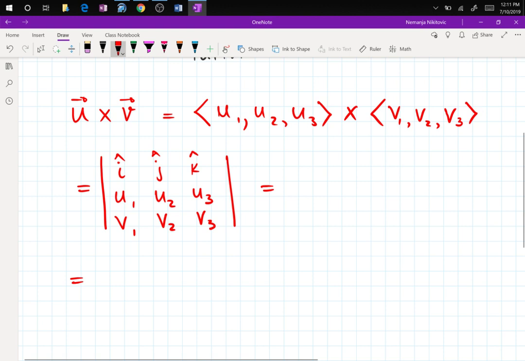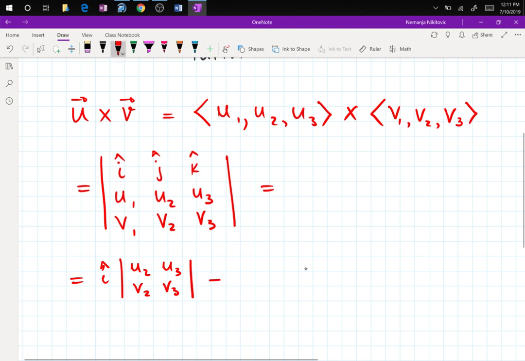You start by placing i first. When you place i, that will eliminate a row and a column. So the 2 by 2 matrix that you need to consider is going to be U2, U3, V2, V3. And you are done with i's.